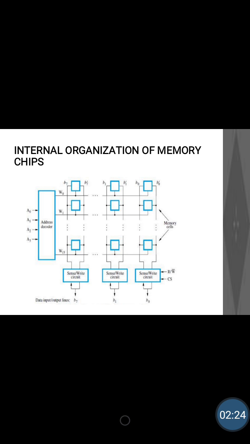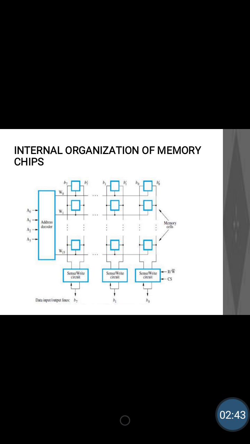Each of the sense or write circuits is connected to the data input output lines of the chip. The sense or write circuits are connected to the cells by bit lines and to the data input output lines.